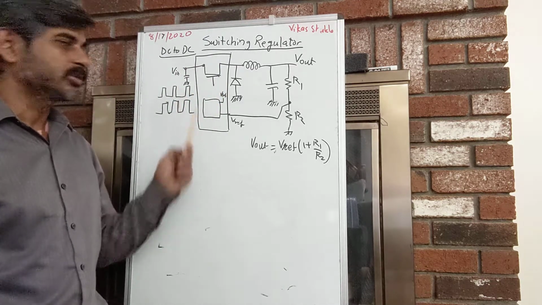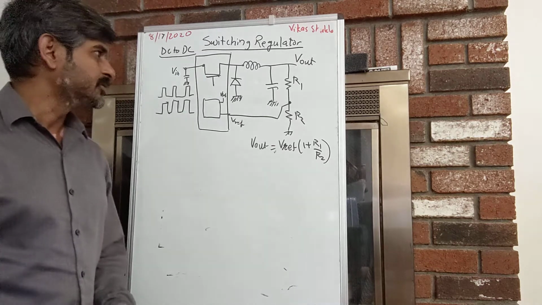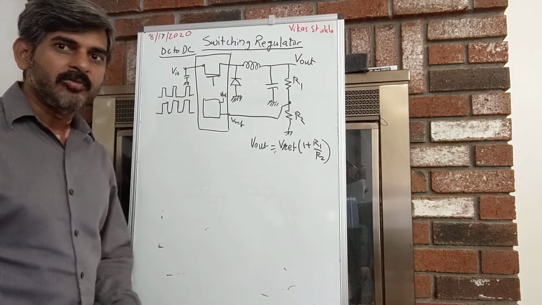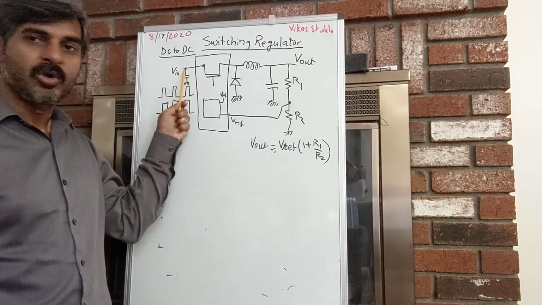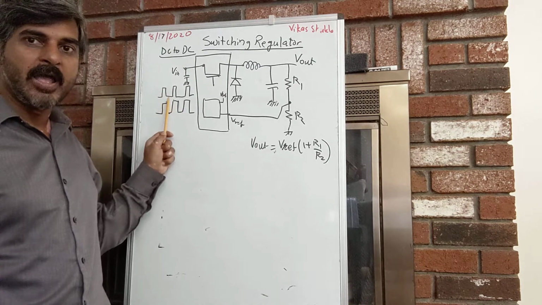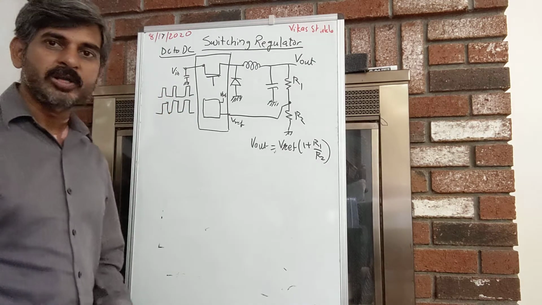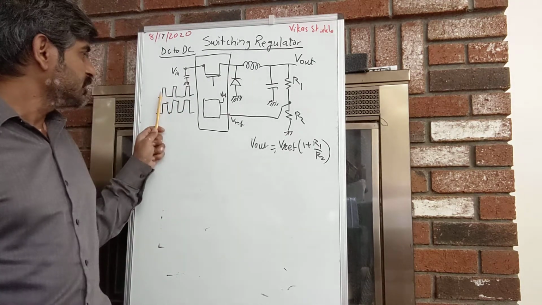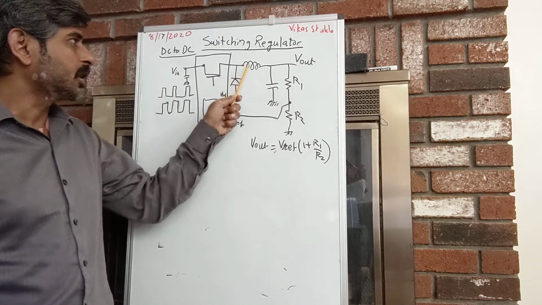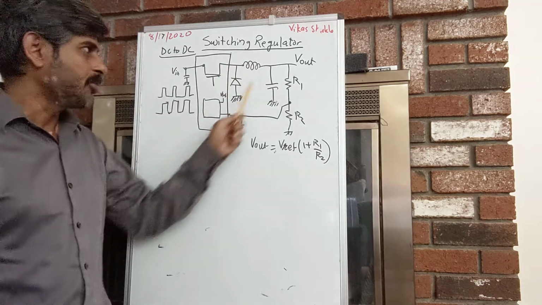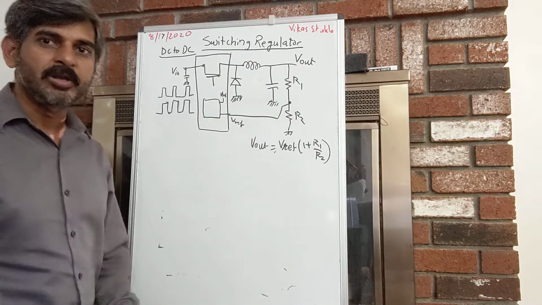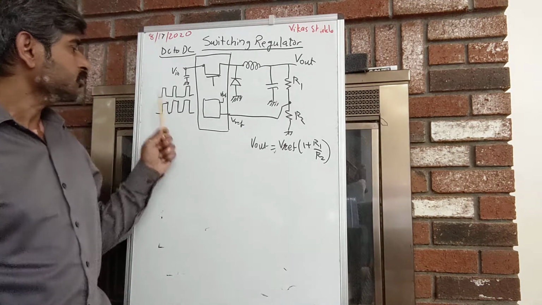The switching regulator, on the other hand, has much higher efficiency, and it does this by turning the input voltage high for a certain period of time and keeping it low for the rest of the time. The ratio of these high and low periods determines how much output voltage appears here. That will become clear as we discuss this.